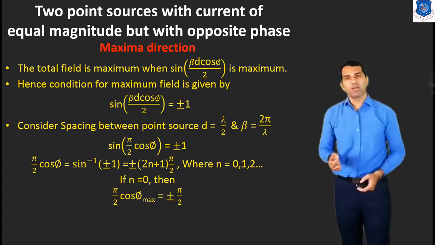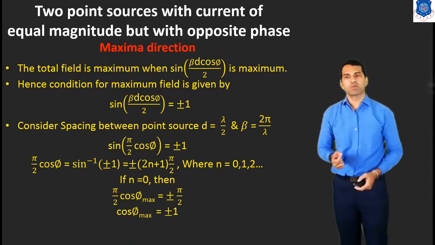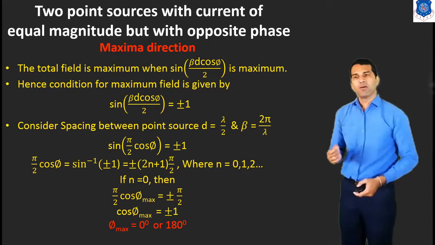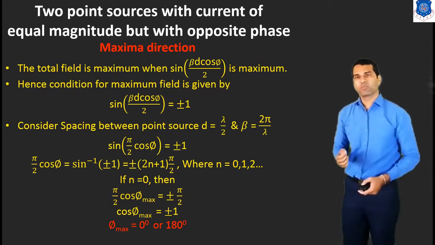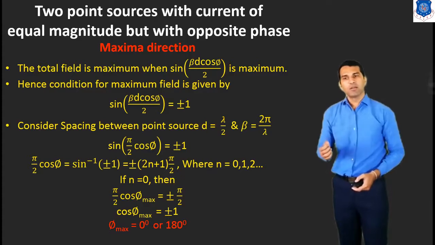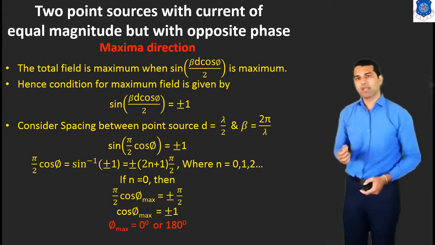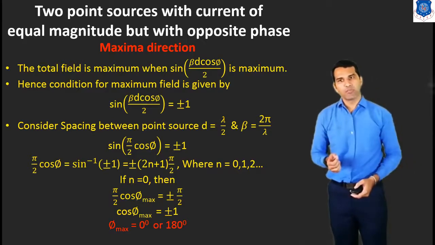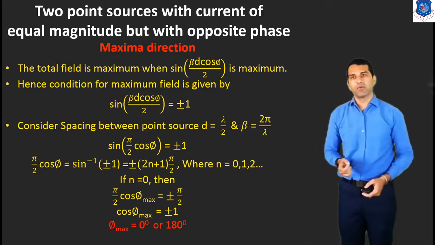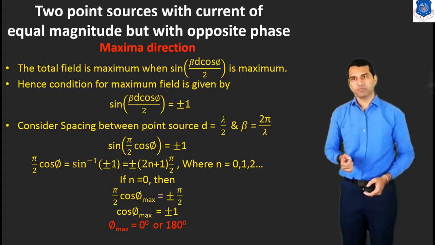Now the pi by 2 is cancelled, and when we solve this, we get cos phi maximum equal to plus or minus 1. So phi maximum for the point source with current of equal magnitude but opposite phase is 0 degrees or 180 degrees. So the maximum direction is at the angle of 0 degrees and 180 degrees for the current of equal magnitude but opposite phase.